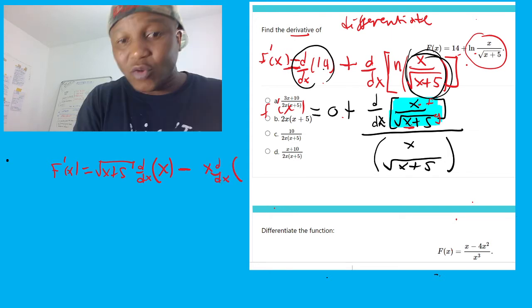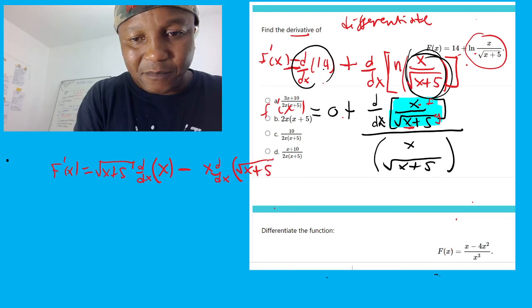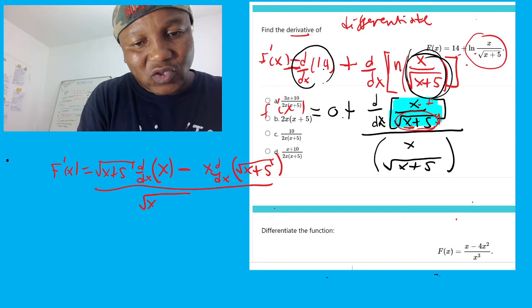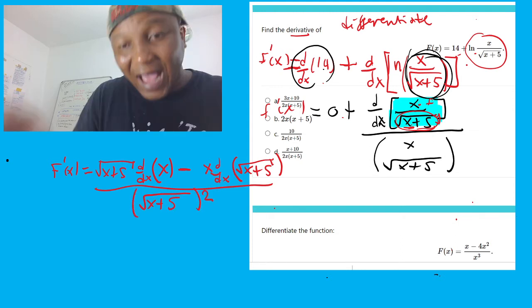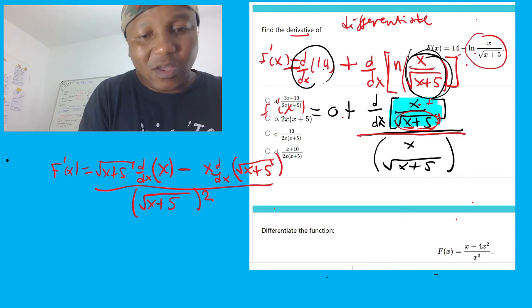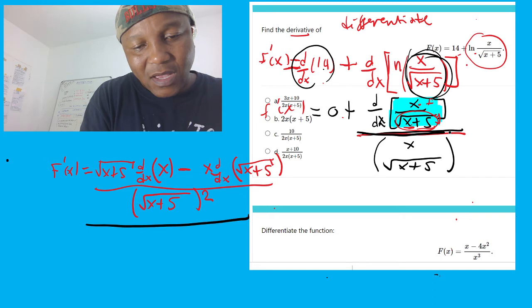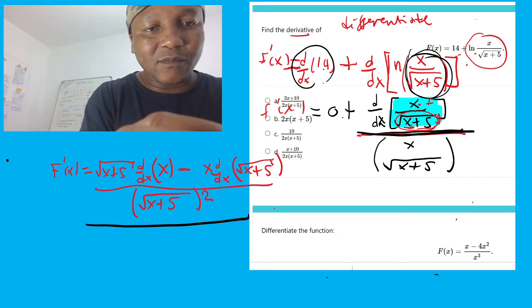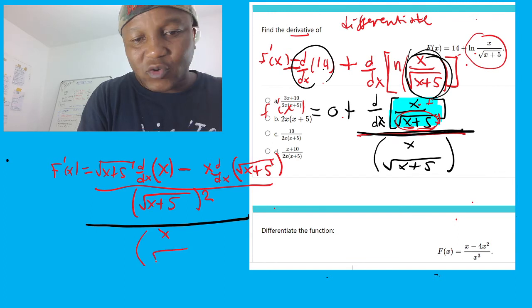The denominator is x plus 5, and then we go over the square of the denominator, which is the square root of x plus 5. But what you have to do is square it, and after that we have over. So all of this we must put over, let me use another color so it can be very clear, this one here, x, and then the square root of x plus 5.